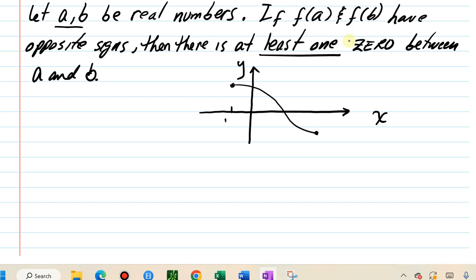And my a and b are, here's a and here's b. Because the point lies above the x-axis, f at a is positive. True? The point at b lies below the x-axis, so its y value, which is f at b, is going to be negative. Okay, so here's clearly where they have opposite signs.